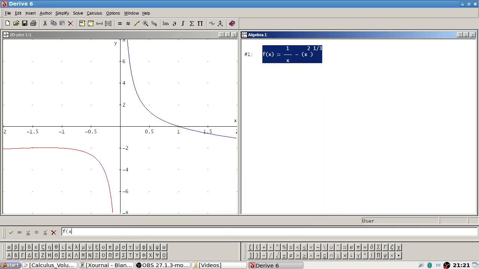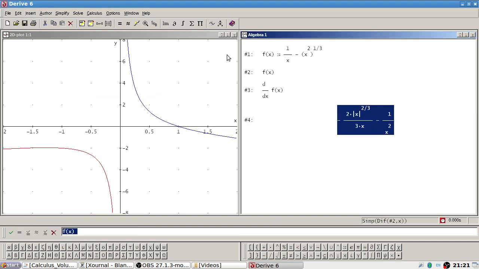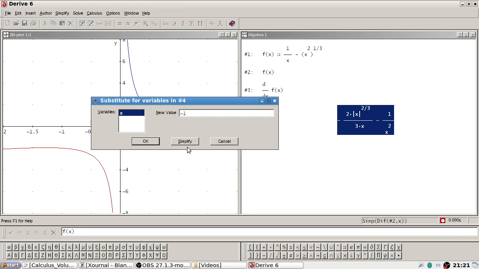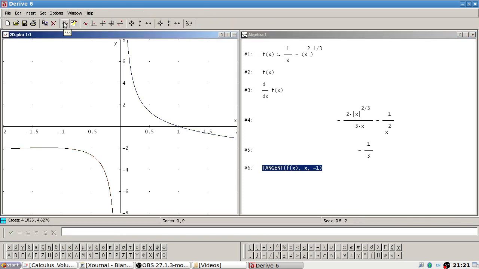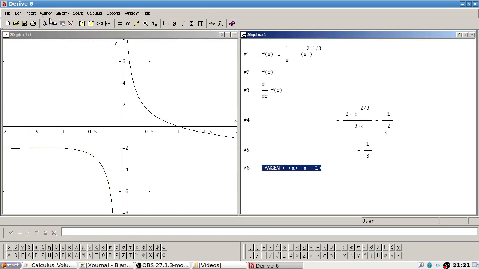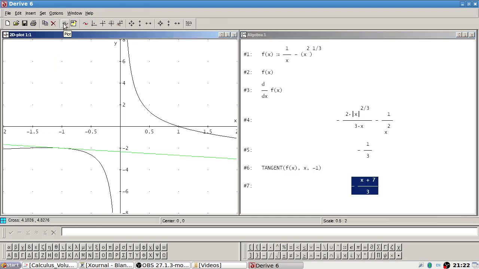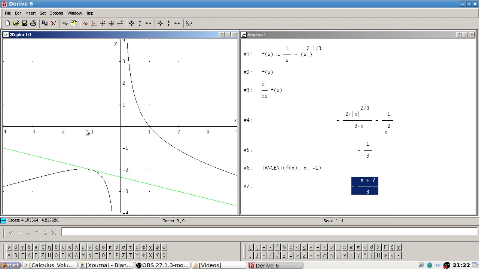Ah, that's a weird quirk in the program. Okay, interesting. Oops. Okay, yeah, there you go. There it is at -1.